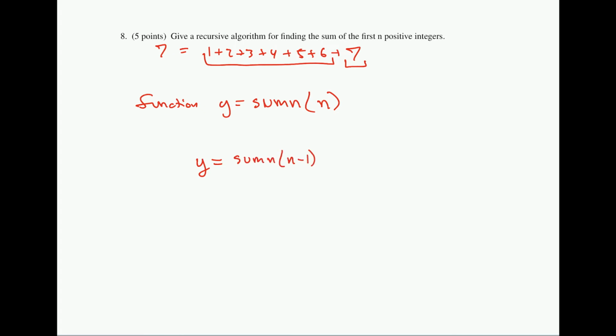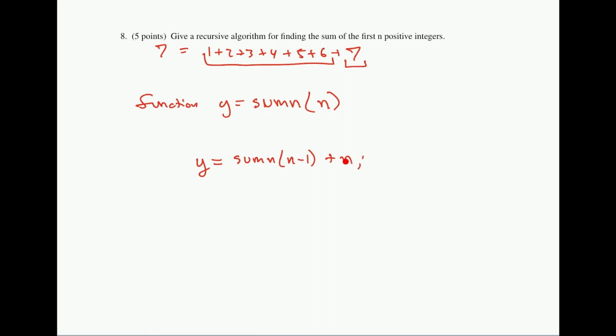That would be to add up the first 6. But to the first 6, you need to add the current one, which is n. Right? So that's the basic formula there. Like in order to calculate, I don't know why I wrote 7, but the first 7 integers, right? You would add up the first 6, which this does, and then you would add the 7th, which happens here.